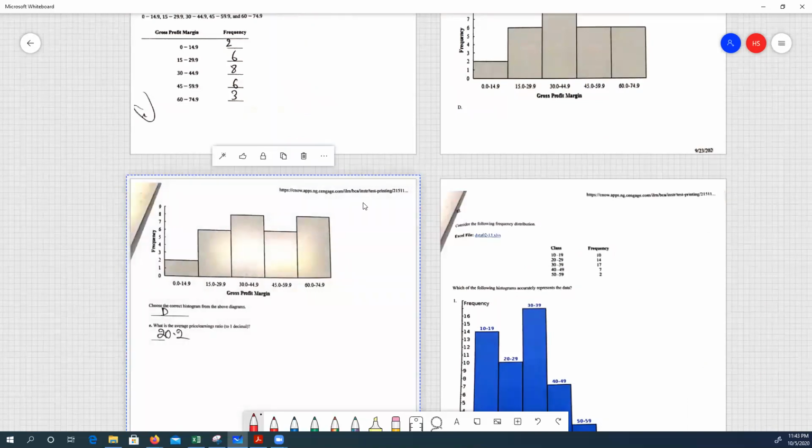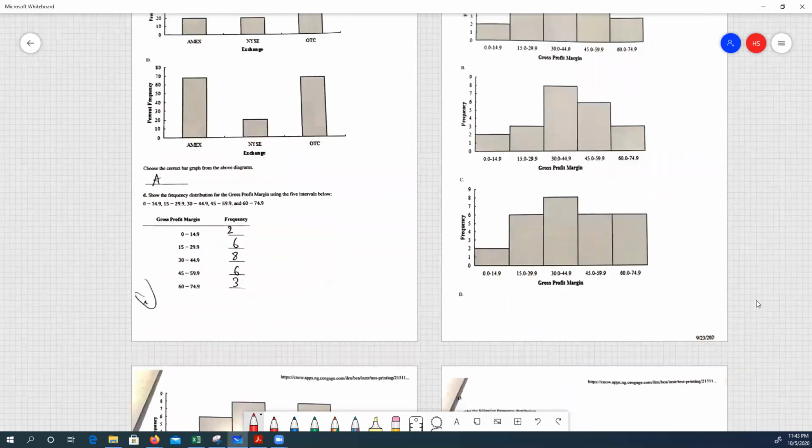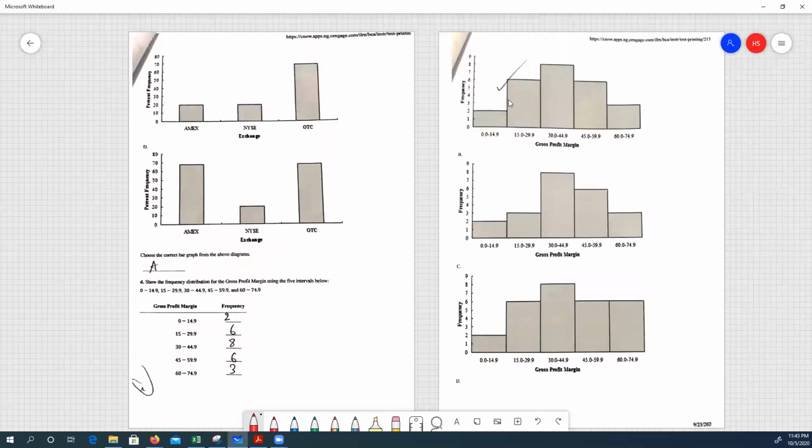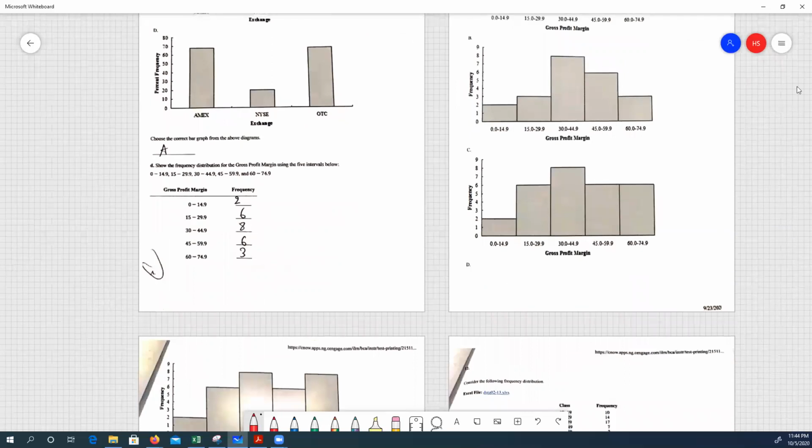Yeah, 2, then 6, then 8, then 6, but this is not correct. This should be 3, but this is 8. Actually, I made a mistake here. With the correct histogram for the above diagrams, actually it should be 8. I selected this one, but when I wrote the answer, I made a mistake. It should be A.